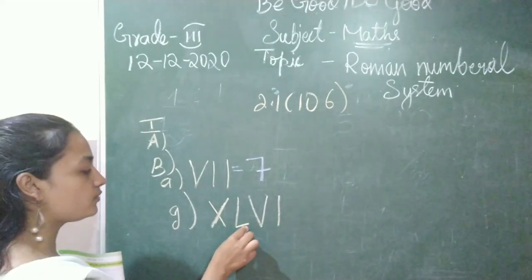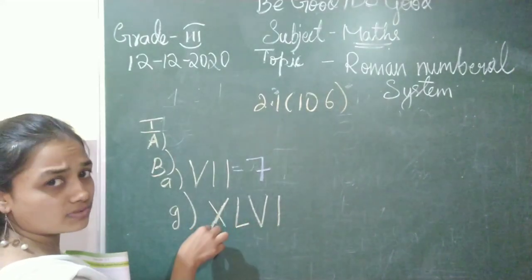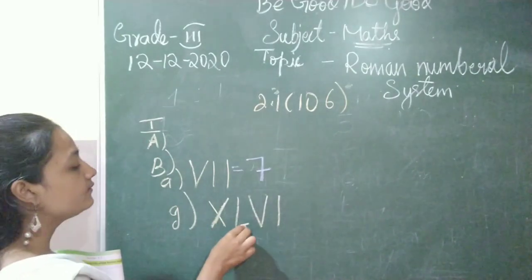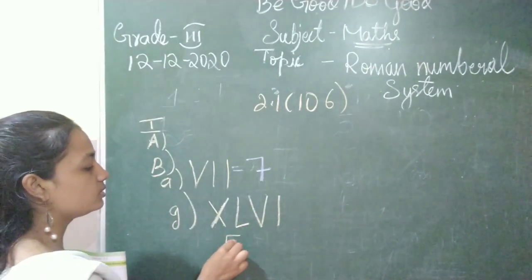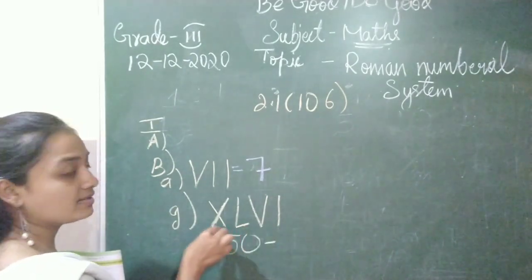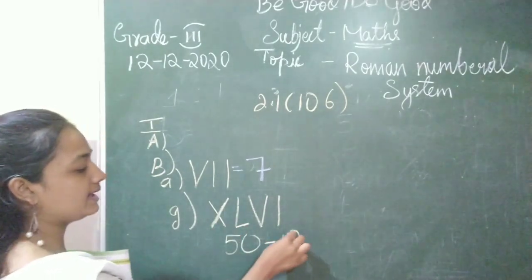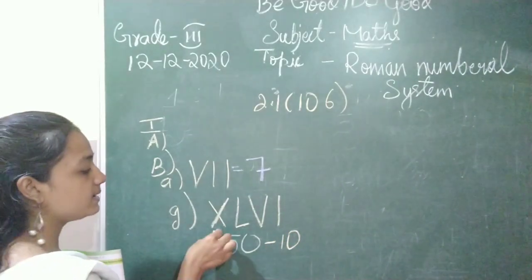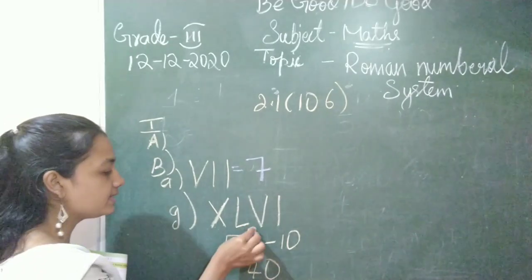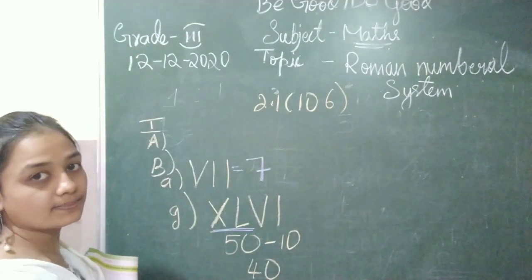So, you should say 50 and this is on the left side. So, you will take it as minus 10. 50 minus 10. So, this is 50 and I have 10 on the left side. So, minus 10. What do you get? 50 minus 10? 40. So, this symbol is 40.